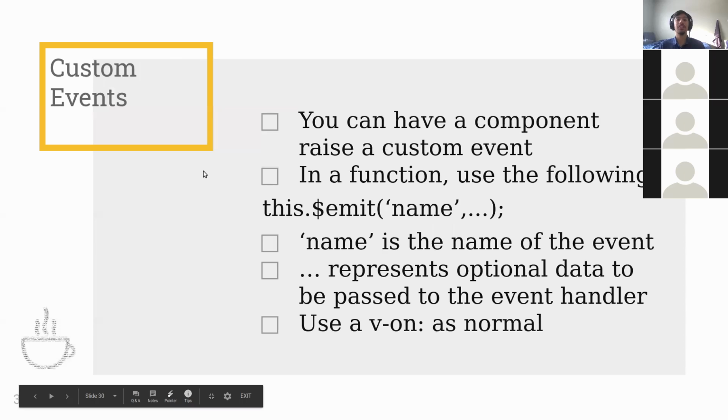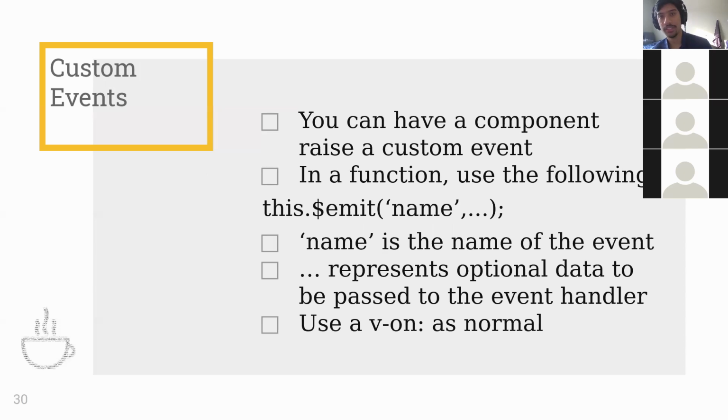Next one here is custom events. You can have a component raise a custom event. If you remember, the only event we've seen so far is a click, right? The v-on:click, and maybe if you got a little bit fancy, a keydown or keyup. But we can also raise any kind of event that we want.